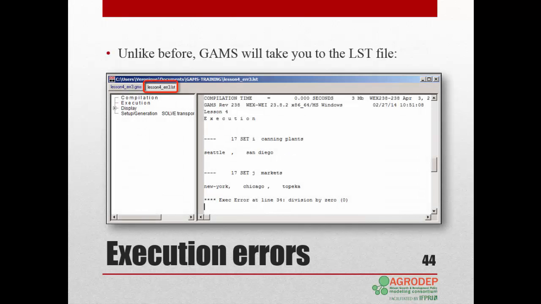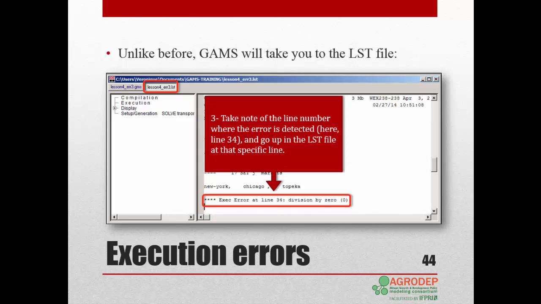This time, GAMS will take you to the list file instead of the GAMS file. In the list file, you are directed not to where the error occurs, but where the error message is displayed in the execution error section. The message identifies line 34 as the location of the error. Recall that the list file numbers the code lines of the model. This is one instance when the numbering becomes very handy.